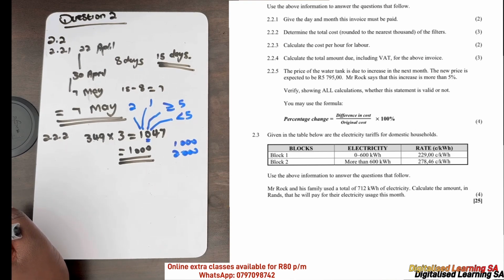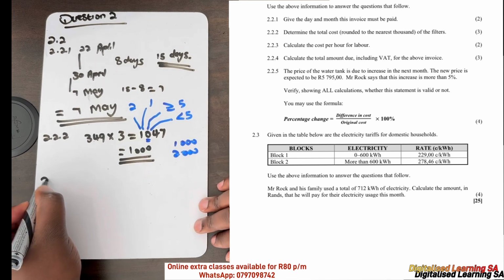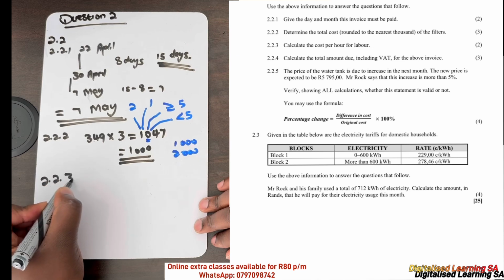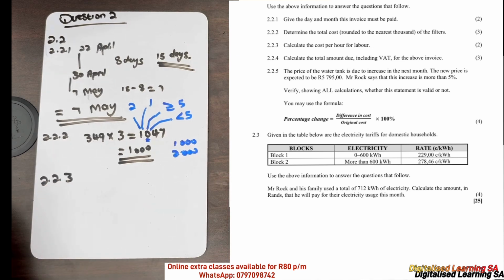Okay, so now let's move to our next question, which is question 2.2.3. It says calculate the cost per hour for labor. We are given the amount of labor for 7.5 hours.